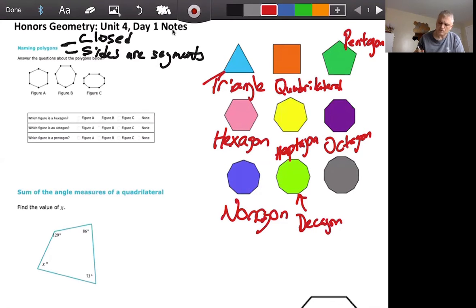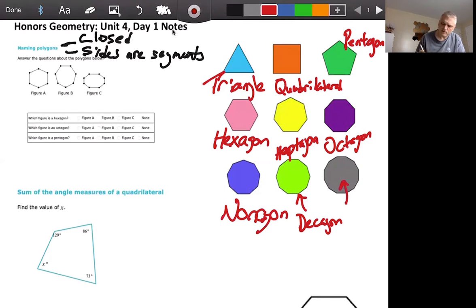Now this one, I think they skipped one here, and that's okay. 3, 4, 5, 6, 7, 8, 9, 10, 11, 12. Most books include the 10 and the 12. They don't include the 11, which is okay.